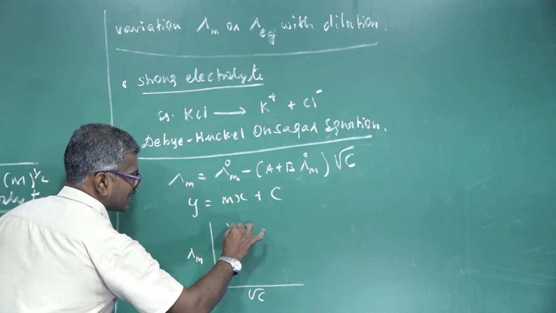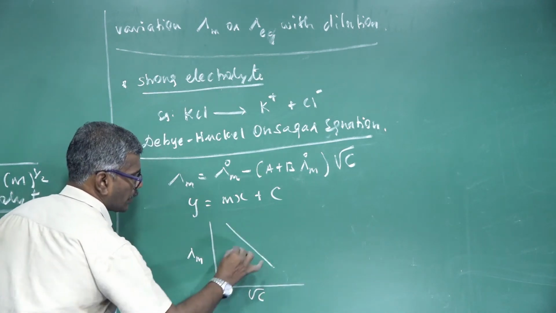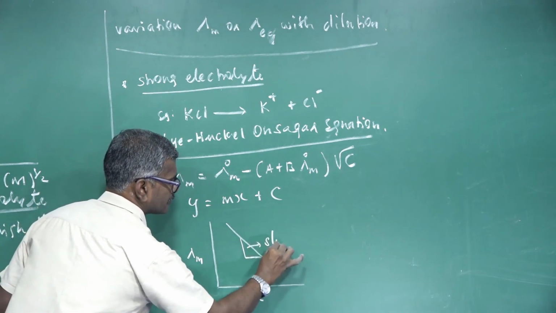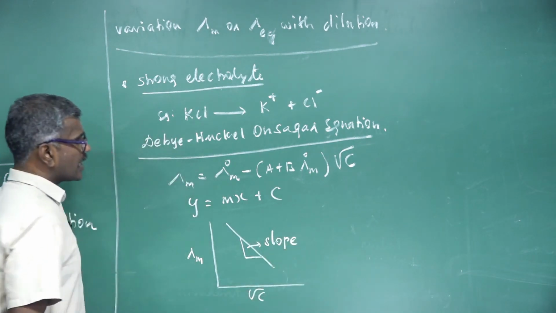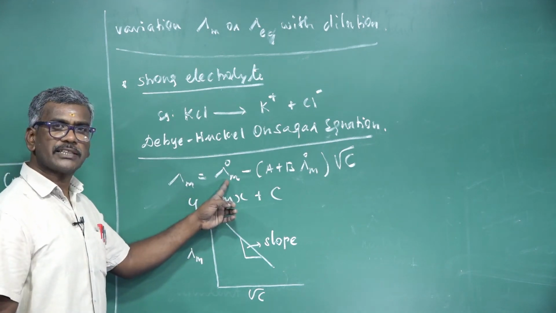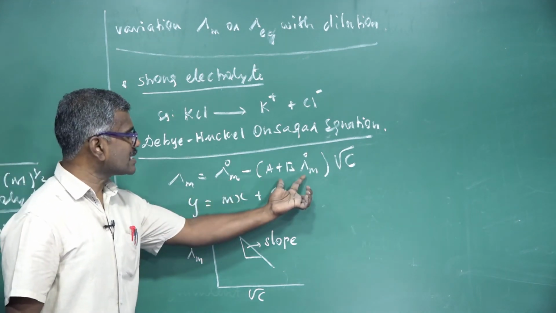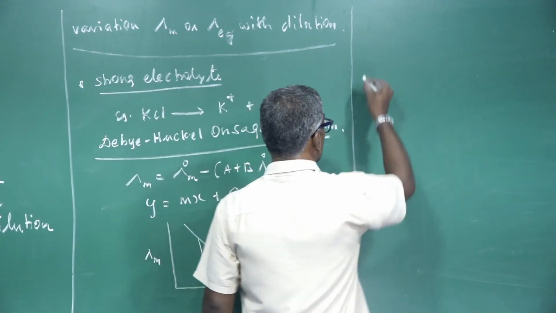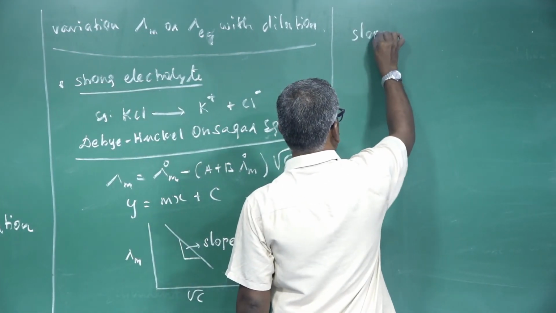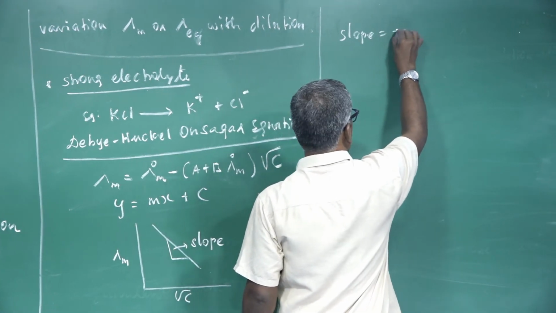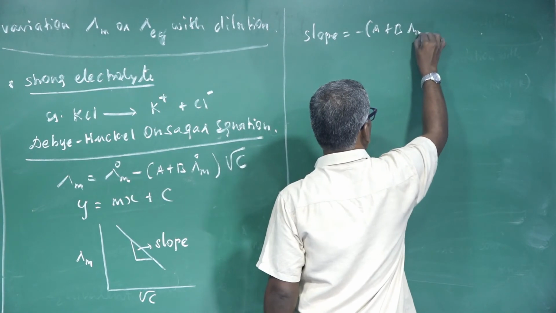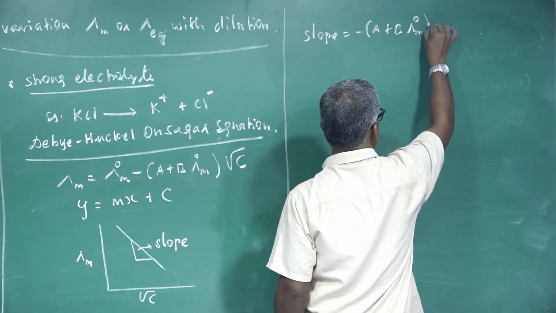How is a straight line with negative slope obtained? This is the intercept and this is the slope. The slope is equal to minus A plus B times molar conductance at infinite dilution.